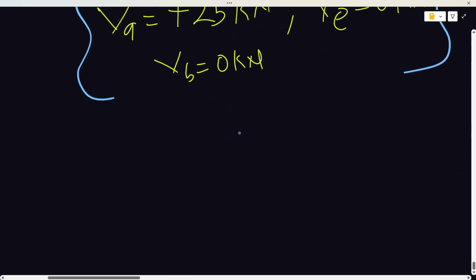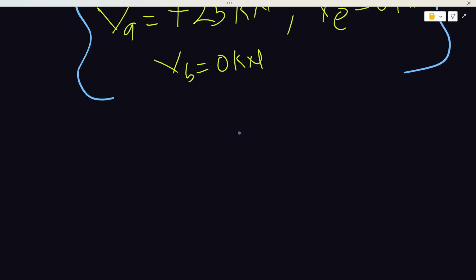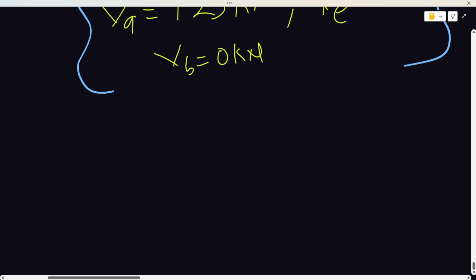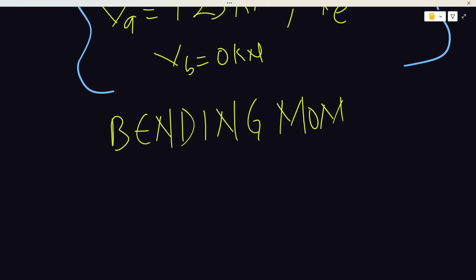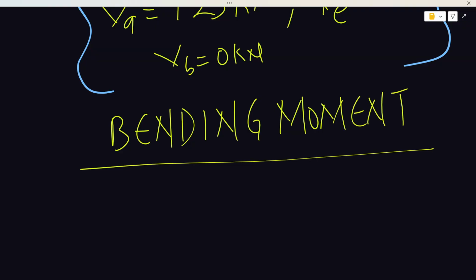So let's do the bending moment now. Not shear force, let's do bending moments for that same member. Now, remember this is still the member.